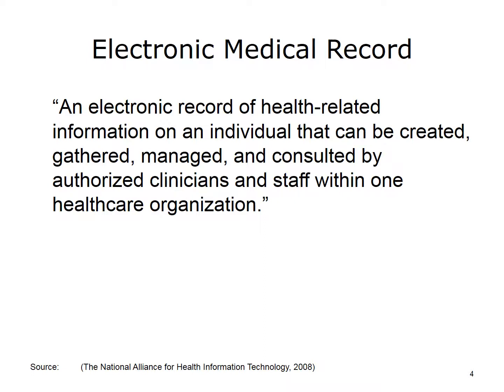According to NAHIT, an electronic medical record is an electronic record of health-related information on an individual that can be created, gathered, managed, and consulted by authorized clinicians and staff within one healthcare organization. The focus is on use in a single organization.